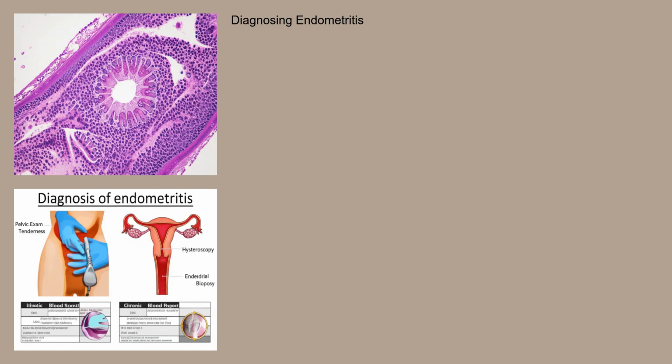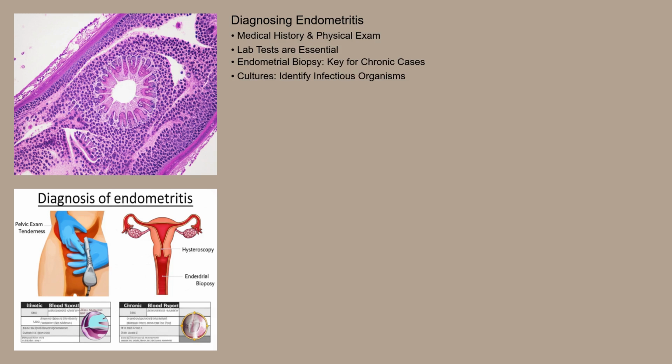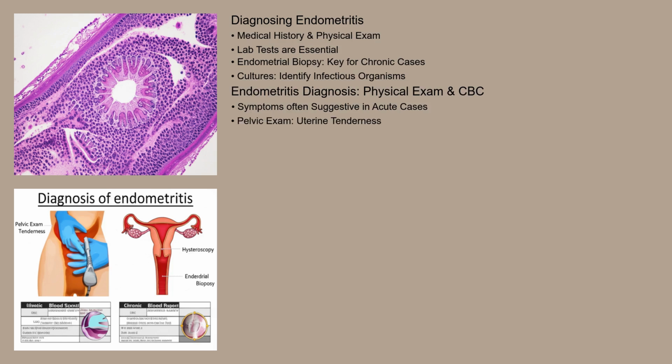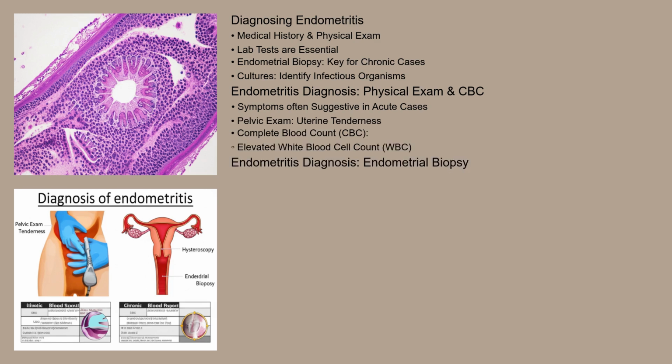Diagnosing endometritis involves a combination of medical history, physical examination, and diagnostic testing. In acute cases, the symptoms are often suggestive, and a pelvic exam revealing uterine tenderness can further support the diagnosis. However, lab tests are essential. A complete blood count can reveal elevated white blood cell counts, indicating infection. Endometrial biopsy, where a small sample of the uterine lining is taken for microscopic examination, is crucial for confirming chronic endometritis.